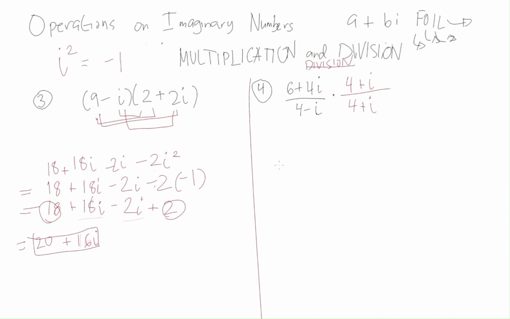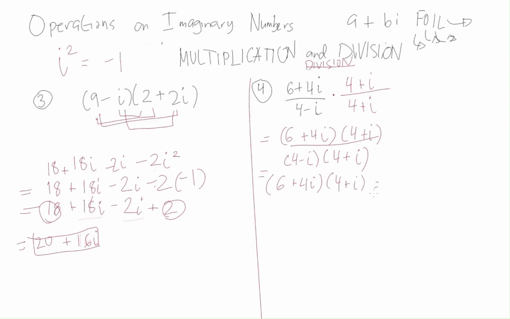Now, we can actually rewrite this as a binomial of 6 plus 4i over 4 minus i, times 4 plus i over 4 plus i, which is basically just the foiling method or the multiplication again. So let's start with the numerator here. Our numerator is 6 plus 4i and 4 plus i.